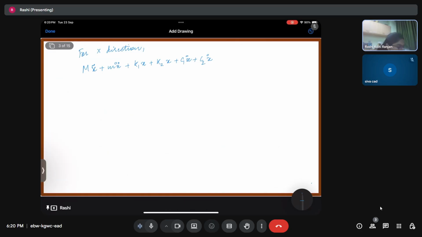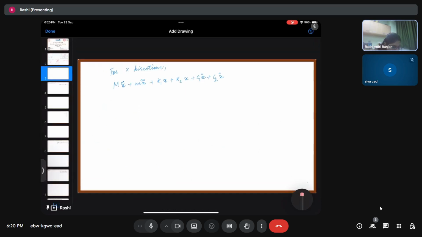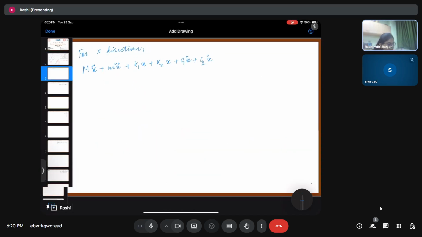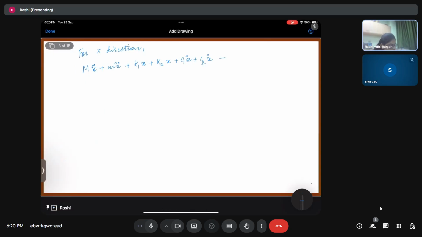Apart from that, we have forces because of the presence of the compound pendulum. Look over here, first this one, and second this one. We also have to add this in the x direction. So it is going to be plus mL theta double dot by 2 cos theta minus mL by 2 theta dot square, and this is going to be equal to f of t.